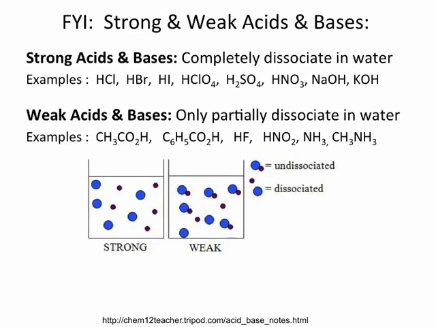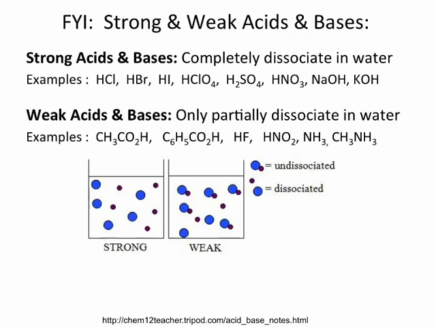Something that I'm going to tell you now, even though it's not present in this semester of the class content, is strong acids and bases and weak acids and bases. So what we do in this semester is we just say, all right, acids and bases completely dissociate in water. But that's not actually true. There's a lot of acids that don't do this.